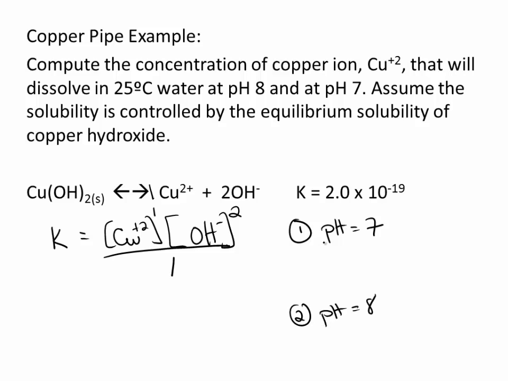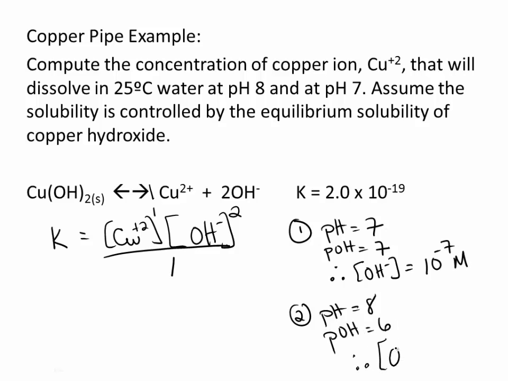Now we should be able to quickly know that when the pH is equal to 7, the pOH is equal to 14 minus 7, or 7. And when the pH is equal to 8, the pOH is equal to 6. So given this, the hydroxide ion concentration is equal to 10 to the negative 7 molar at a pH of 7, and a hydroxide concentration equal to 10 to the negative 6 molar at a pH of 8.